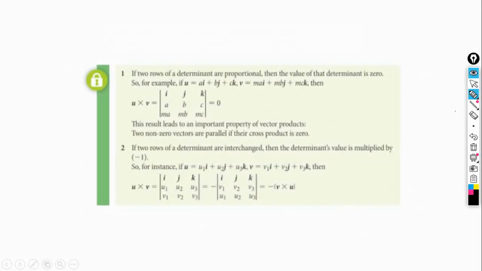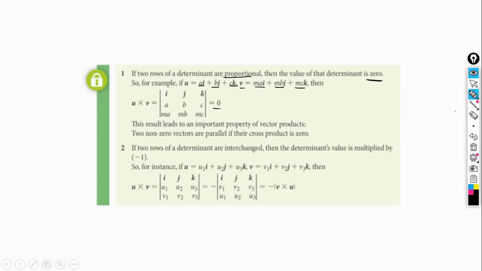If two rows of a determinant are proportional, then the value of that determinant is 0. So for example, if you have a vector u that is equal to ai plus bj plus ck, and a vector v that is m times ai plus m times bj plus m times ck, then the determinant is equal to 0.